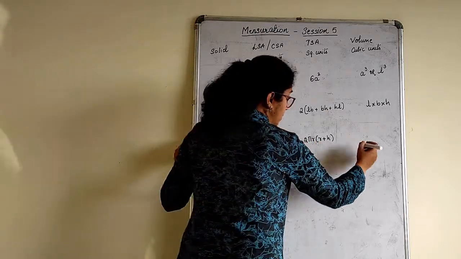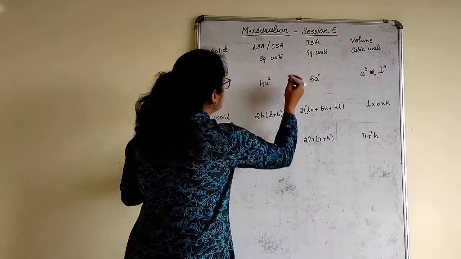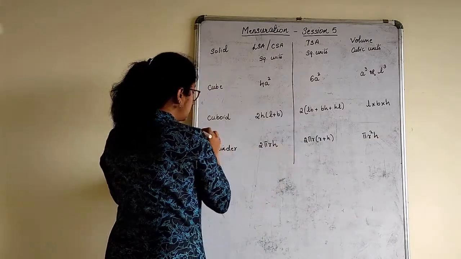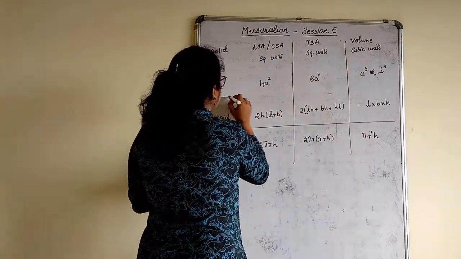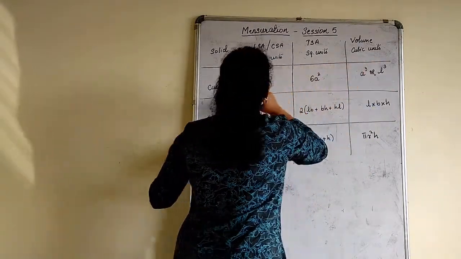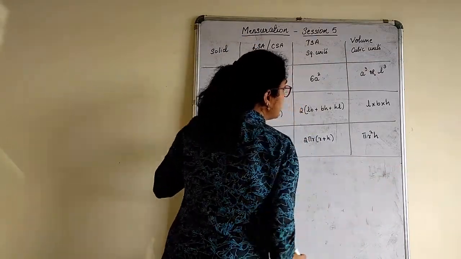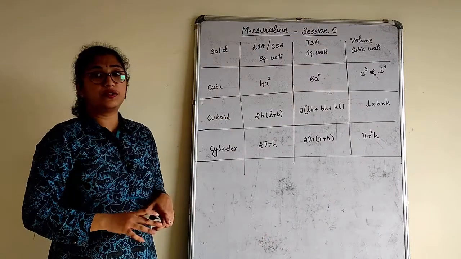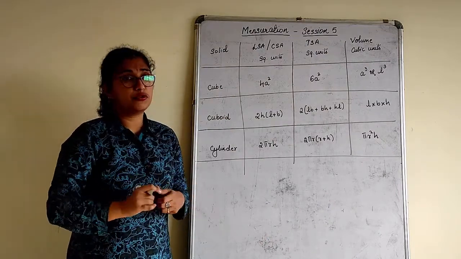Volume is pi r square h. So these formulas, children, you have to remember them. If you know this chart, it will be easy for you. Initially you can refer to this chart, but later, as you go on solving, you need to remember these formulas so that it will be very easy for you to solve the sums.